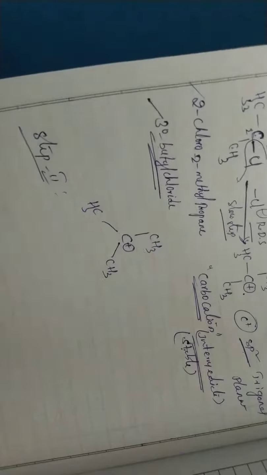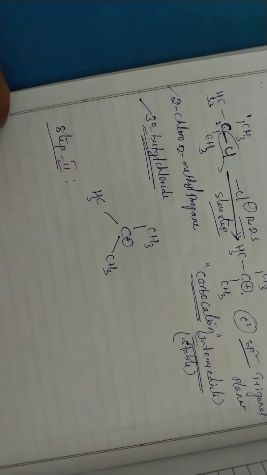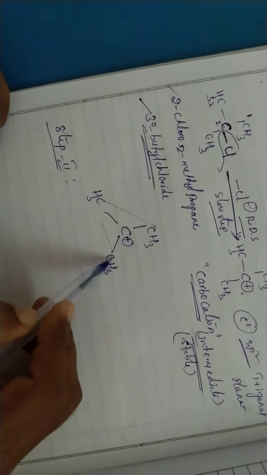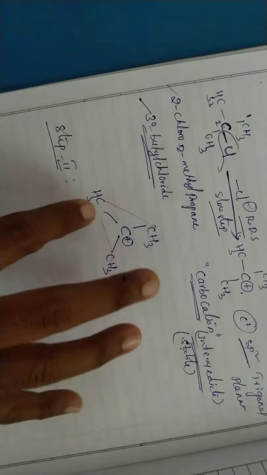Next, in the second step, the new nucleophile will come and attack on the carbon. One chlorine, the old nucleophile, is going out, so in place of the old nucleophile the new nucleophile should come and attack on the carbon. But if you observe, it is a planar structure, trigonal planar. Planar means, like this textbook, it is in a plane.